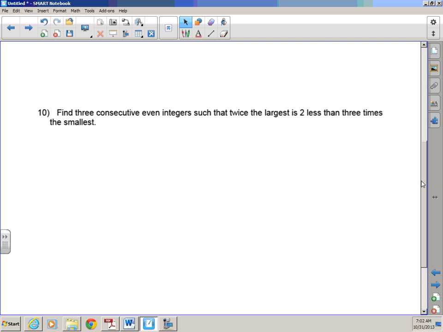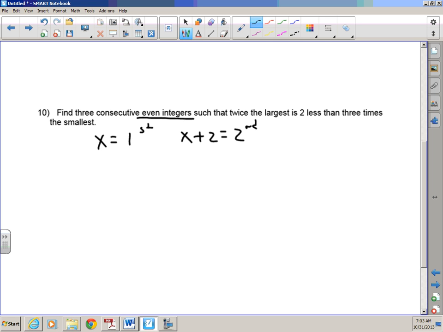Find 3 consecutive even integers. X first, x plus 2. You can see we have a lot of problems because these are the type where practice really does make perfect. Twice the largest, 2 times. The key is when it says twice or 3 times or whatever, you put that in parentheses.